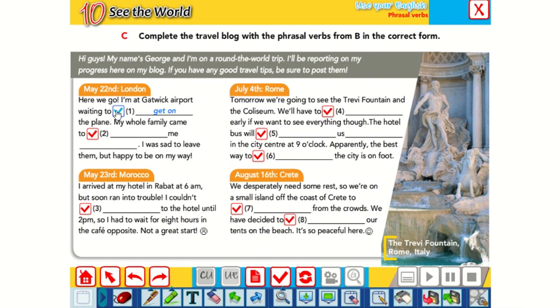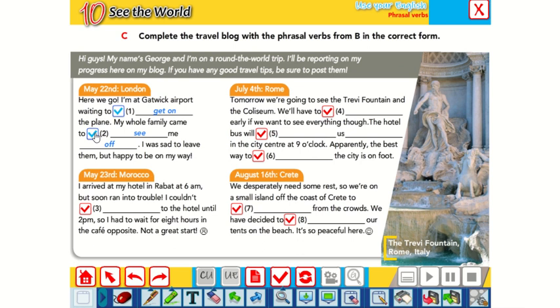So what is the correct phrasal verb that we need to put in this space? Yes, correct. To see me off. They came to the airport to see me off, to say and wave goodbye to me. So here, to see me off.